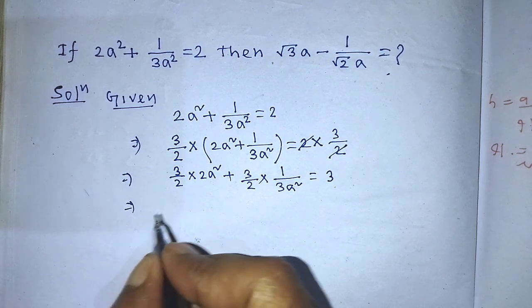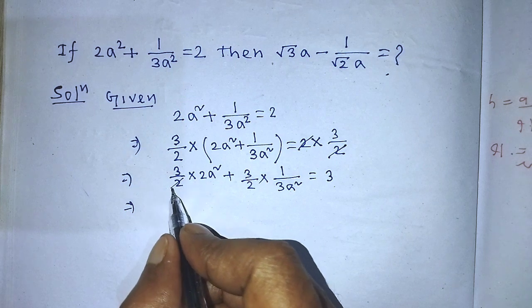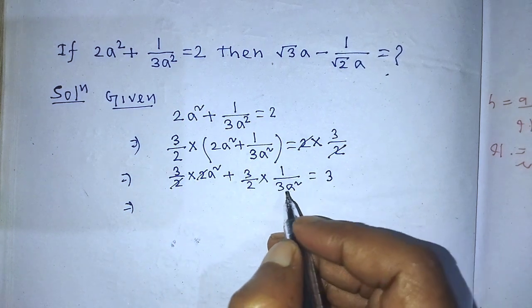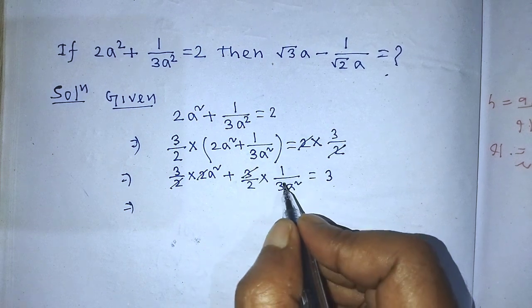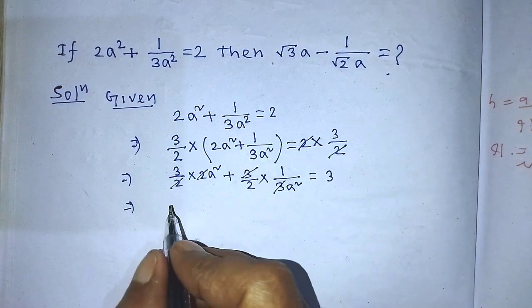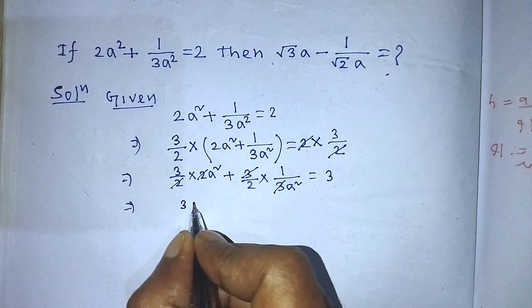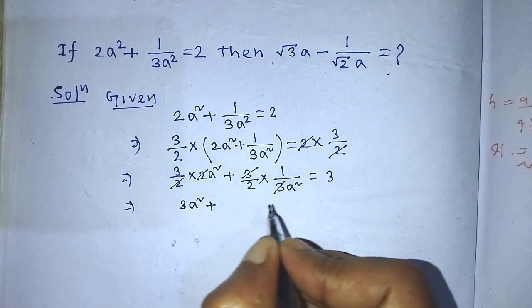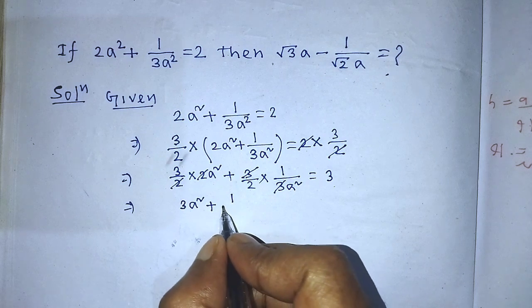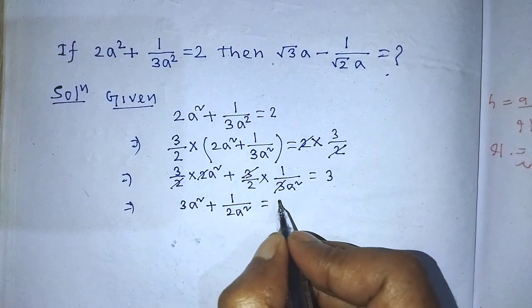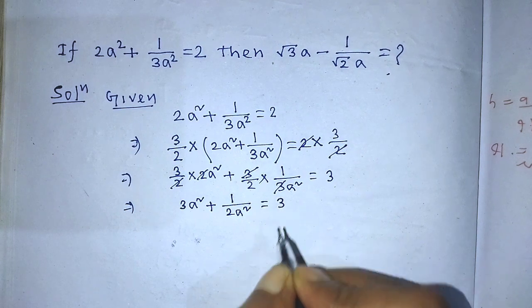After that, in the first term we can cancel 2 from numerator and denominator, and in the second term we can cancel 3. So in place of the first term we write 3a², plus in the second term 1/(2a²), is equal to 3 on the right hand side.